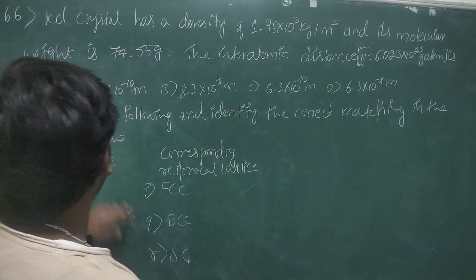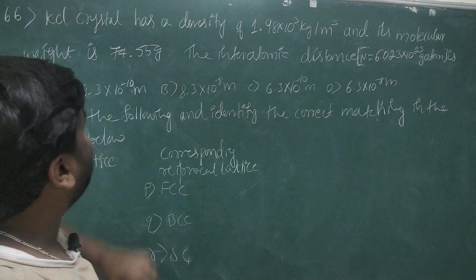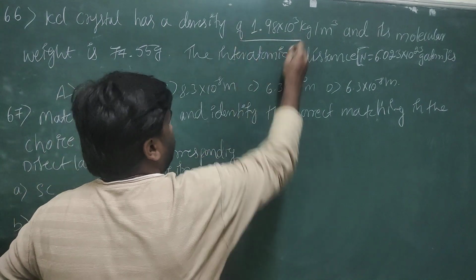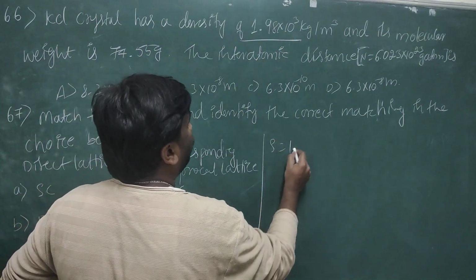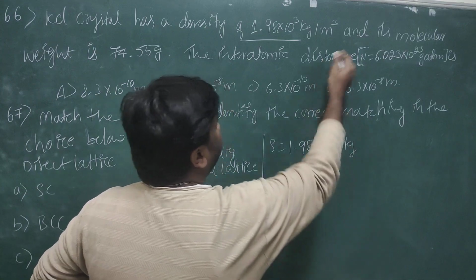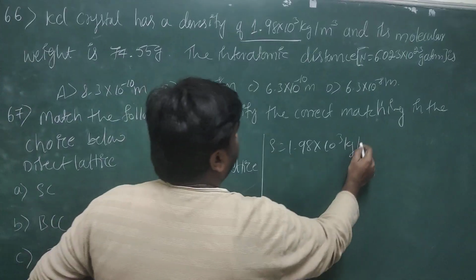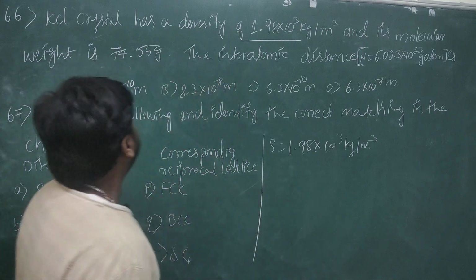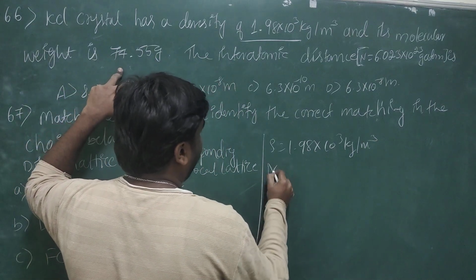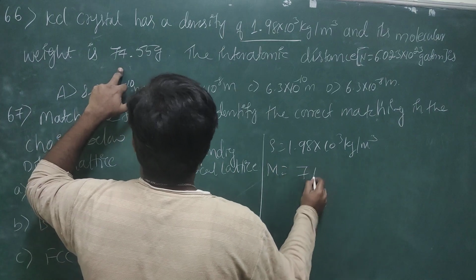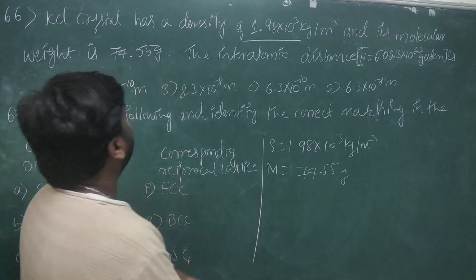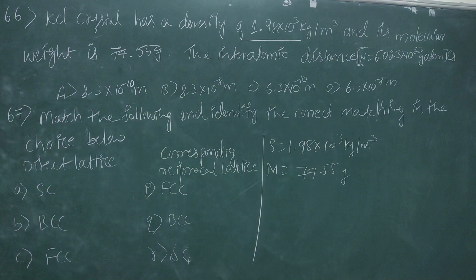So, this is question number 66. A KCl crystal has a density rho, so the density rho is equal to 1.98 into 10 to the power of 3 kg per meter cube, and its molecular weight M is equal to 74.55 grams, and the interatomic distance.